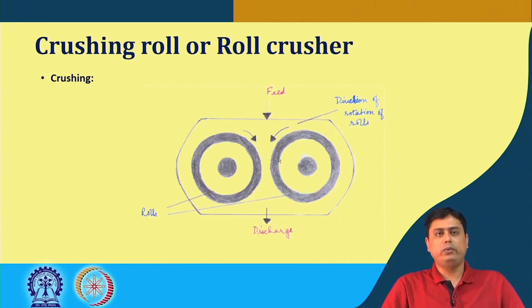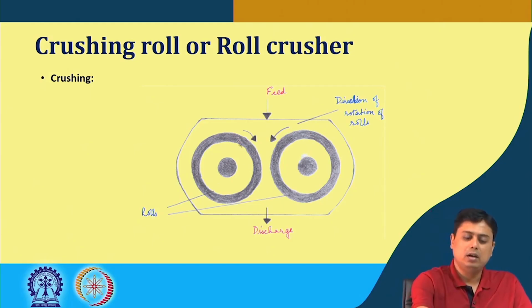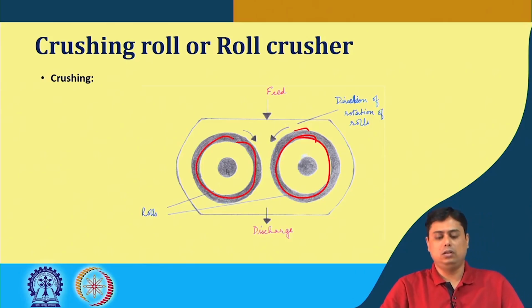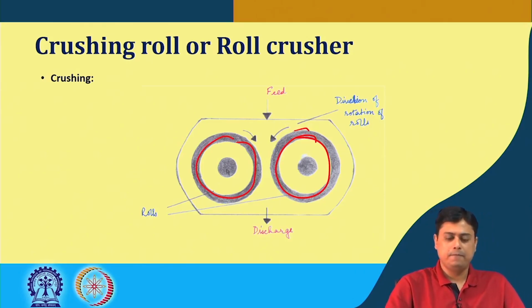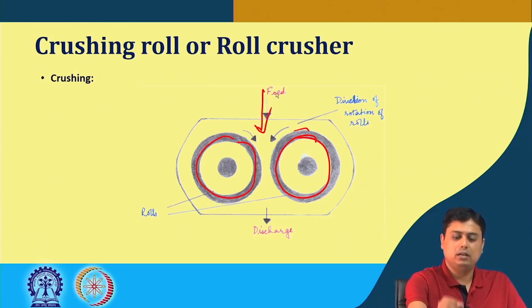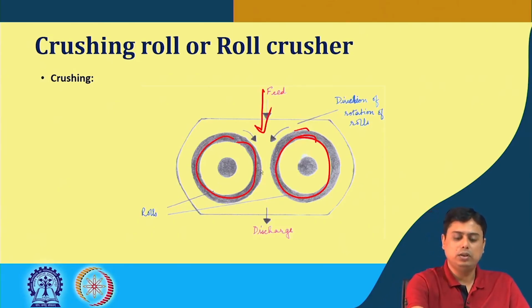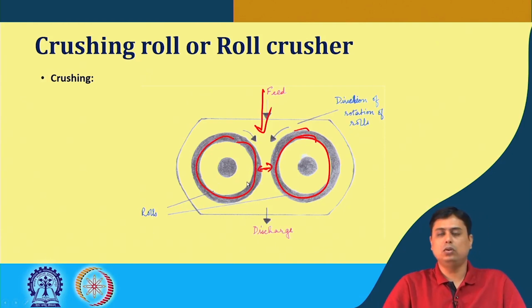The third one that we saw based on this crushing stress mechanism was that we have two rolls. These two rolls are rotating in opposite directions, and they attract the feed into the gap between these two crushing rolls.